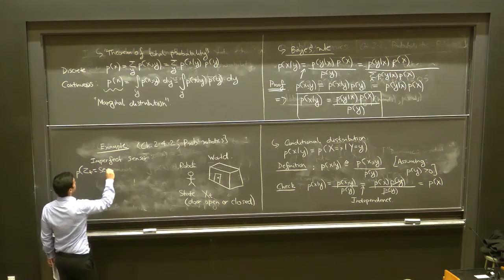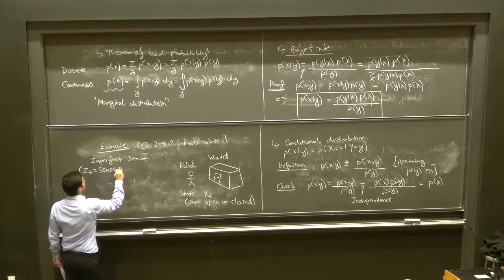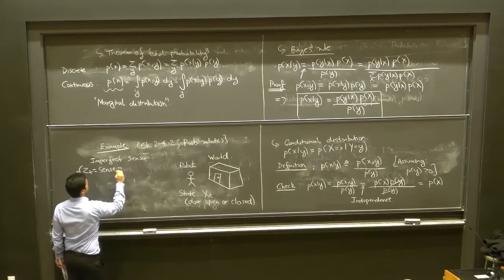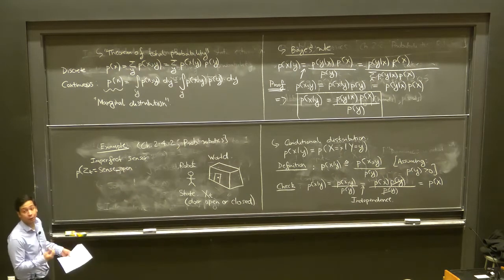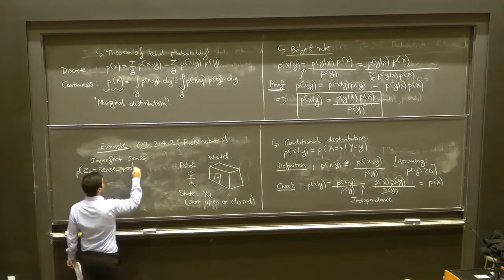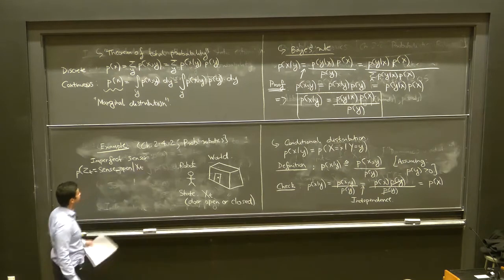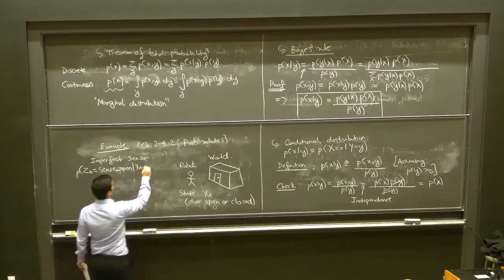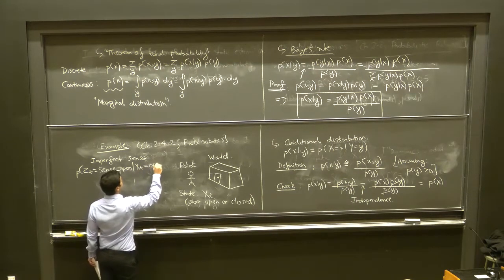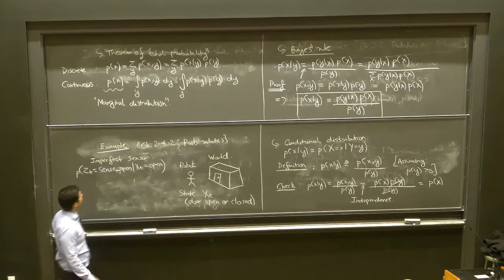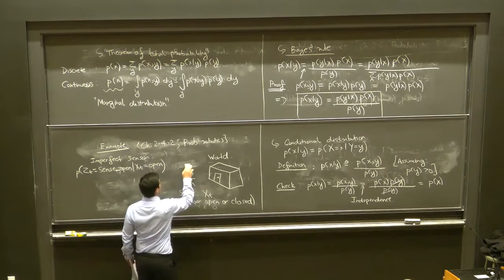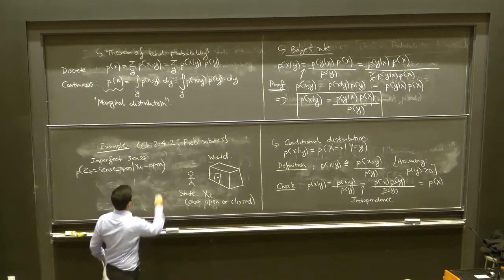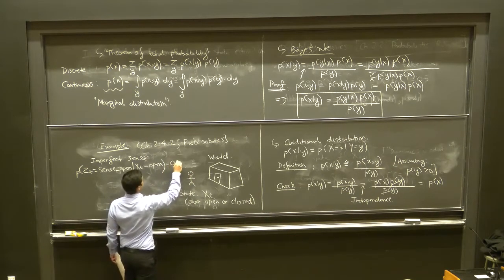So the probability that the sensor measurement reports that the door is open, given that the door is actually open, is some value, let's say 0.6.